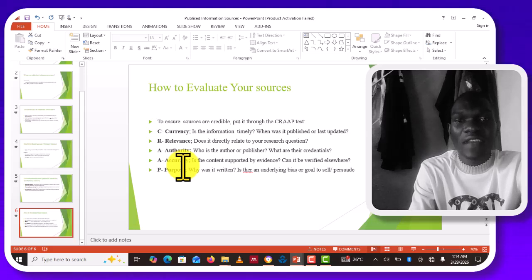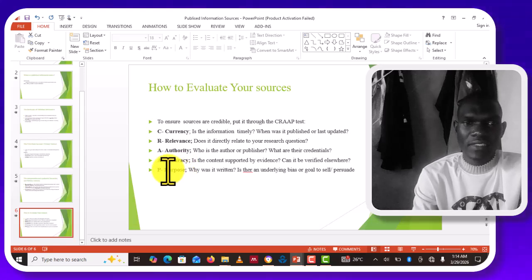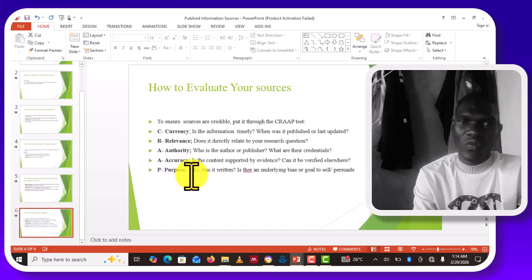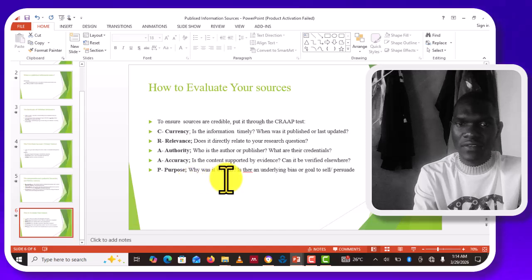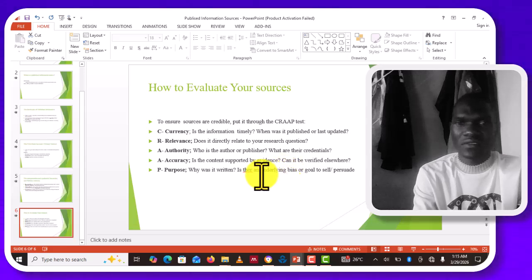Can it be verified elsewhere? And the last letter is purpose, and it is all about why it was written. Is there an underlying bias or a goal to persuade?